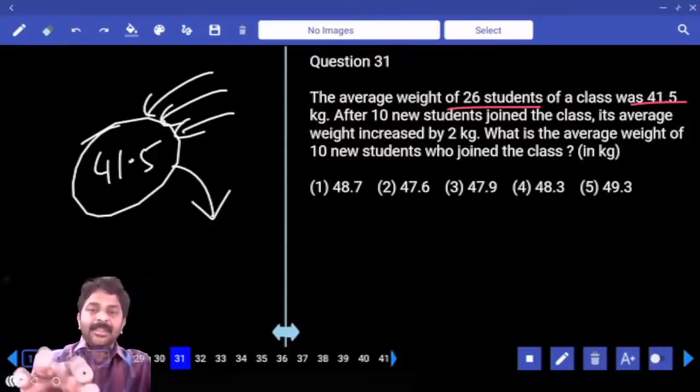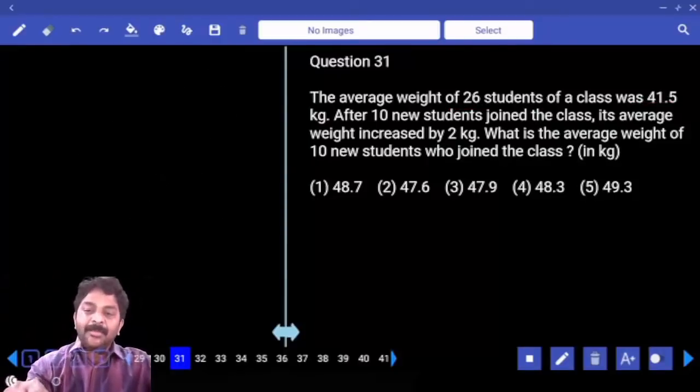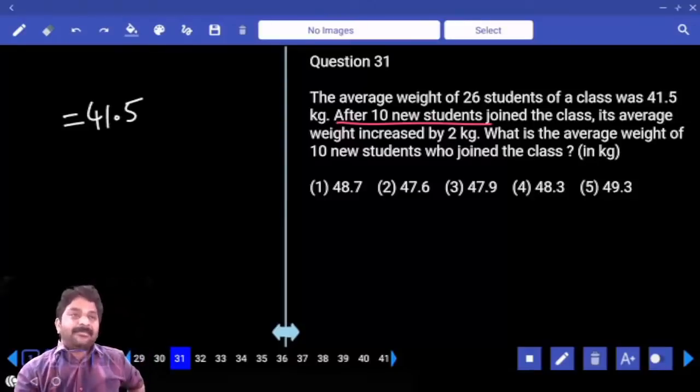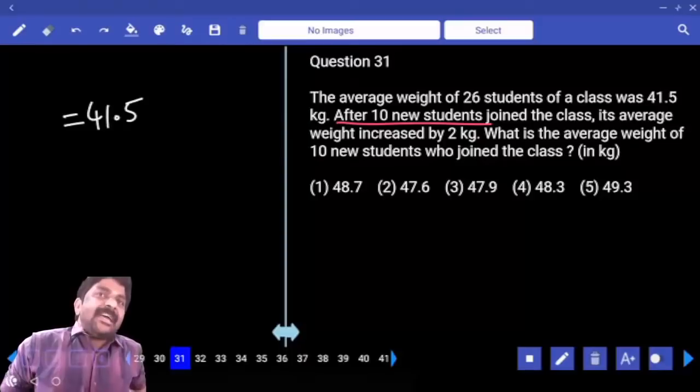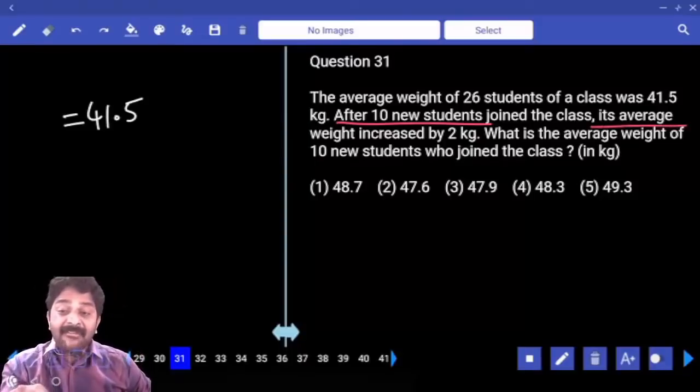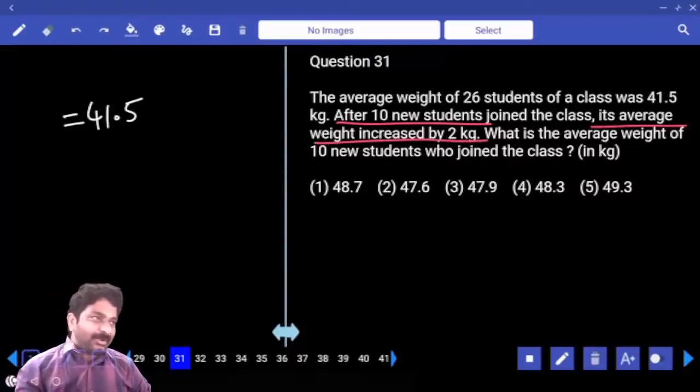Right. Now here, how many people joined? 10 people joined. If the average of these 10 people is also equal to 41.5, will there be any change in the average? But what happened? Its average weight increased by 2 kgs.